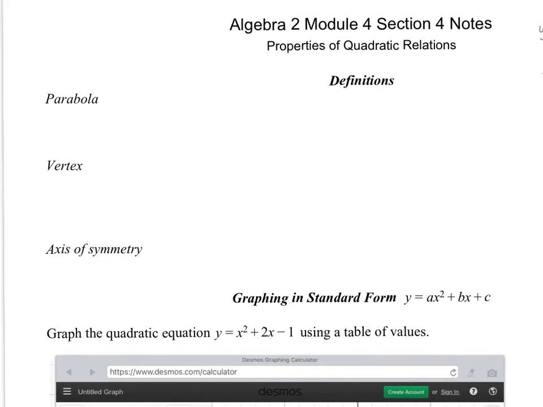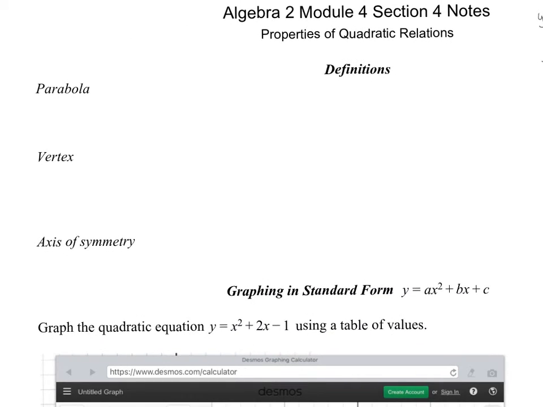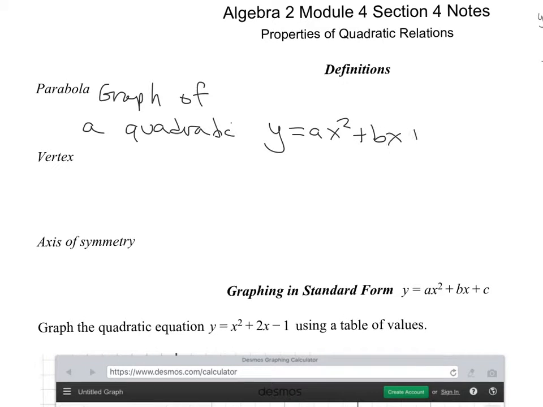So let's look at some definitions. Like we said, a parabola is always going to be the graph of a quadratic, and we'll call it y equals ax squared plus bx plus c.